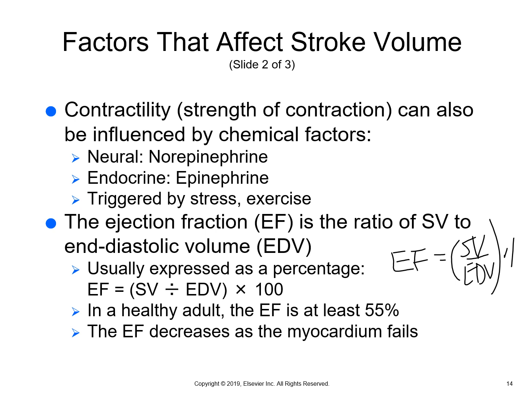A normal ejection fraction is approximately 55% or higher, meaning the heart pumps out at least 55% of the blood that it receives per beat. The reason why ejection fraction is important is because it's an indicator of heart function.